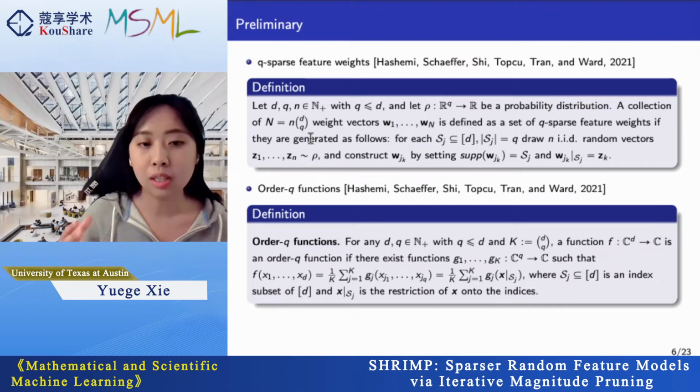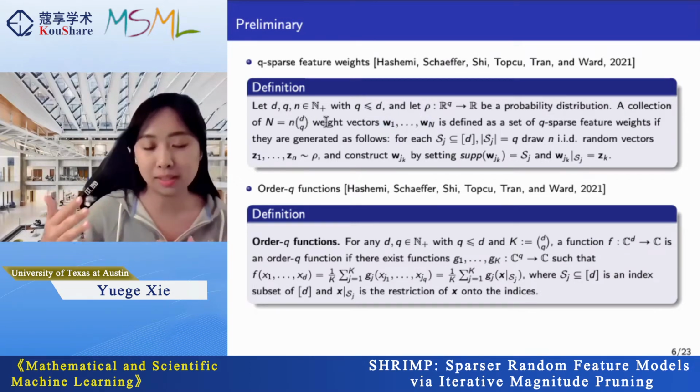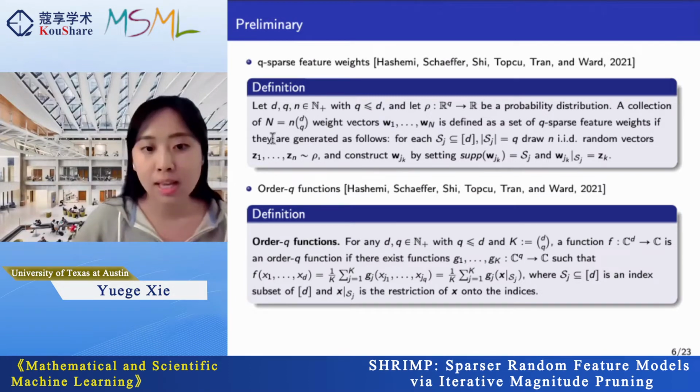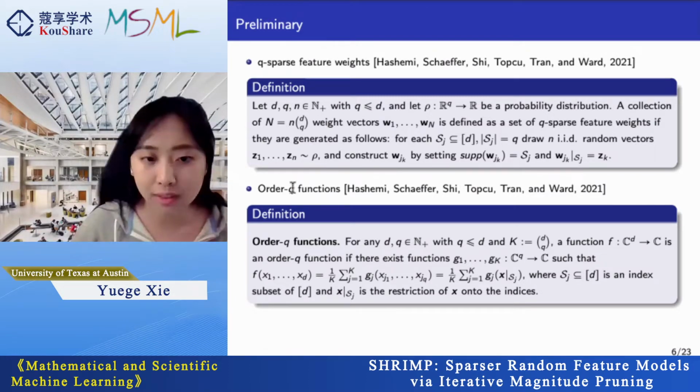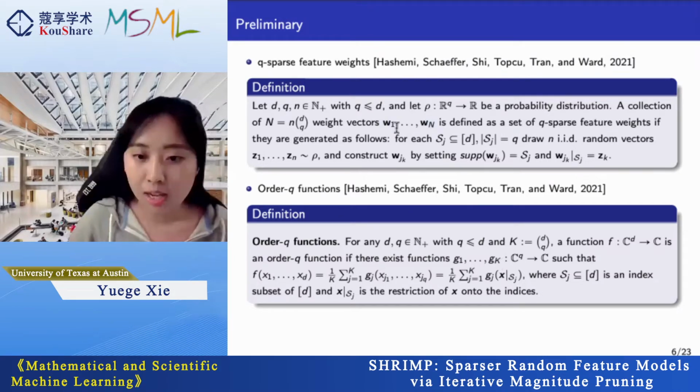And from the D total coordinates, we can have D choose Q different interactions with Q degree of the weights. And we can also define the order-Q functions with the Q-sparse features.